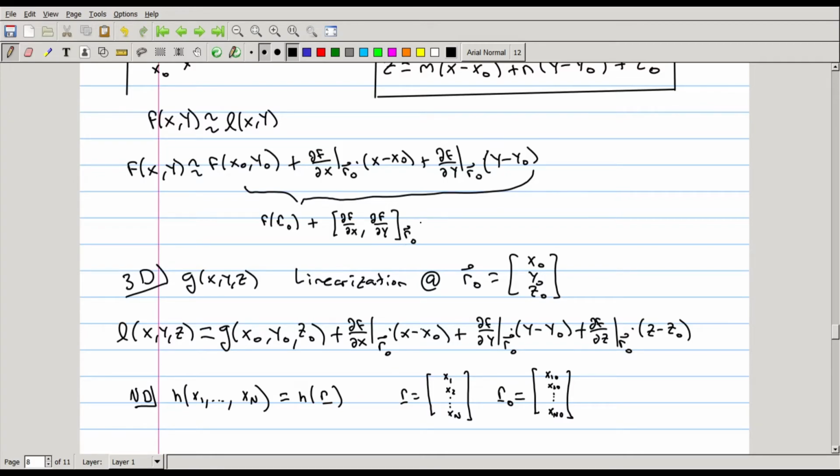with, this dot here means the vector dot product. So it's the dot product of this gradient vector at r0 with the vector x minus x0, y minus y0.